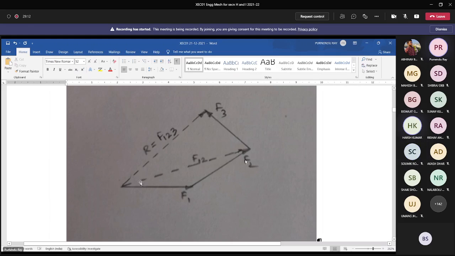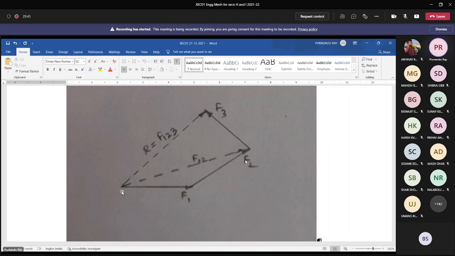The line filling that gap is the resultant in the forward direction, and now there is a fourth force joining to the original starting point of the first vector, so in that case there is no gap. When F1, F2, F3, F4, all four free vectors are joined one after other, in that case it is equilibrium. There is no resultant. Zero.